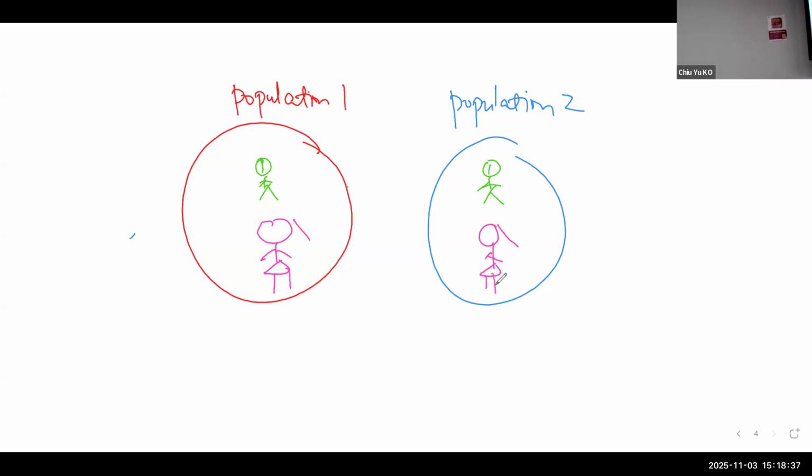And why do that? Because guy number 1 may have used product A, population 1, and product B, right? And you want to see whether he is using, say, A more than B, right? Or using time, right?